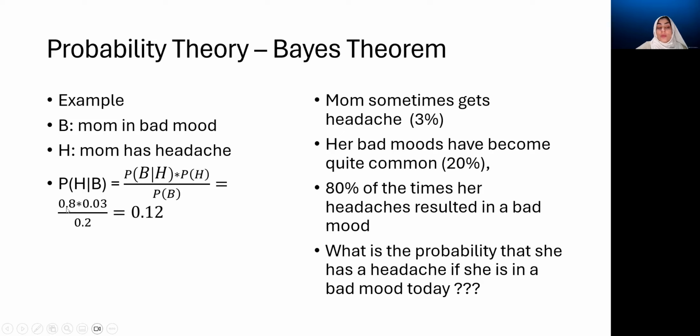So this is 0.8 multiplied by the probability of her having a headache, which is 0.03. And then the probability that she will have a bad mood irrespective of anything is 0.2. So eventually we get the probability of her having a headache if she is in a bad mood as 12%. Although very low, there might still be a chance that her bad mood is a result of her having a headache.